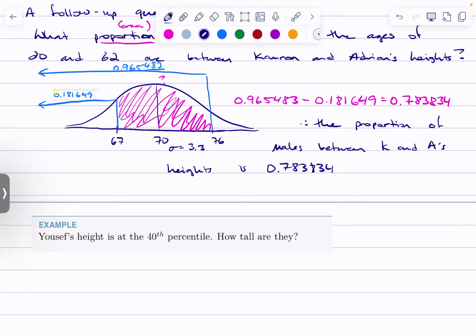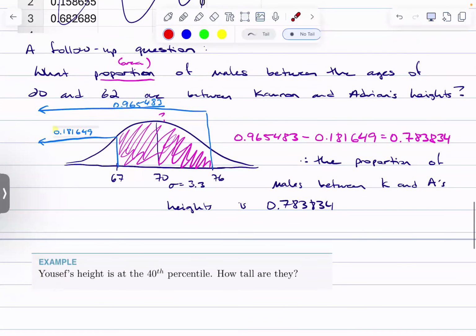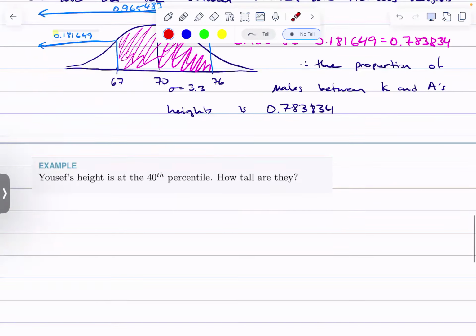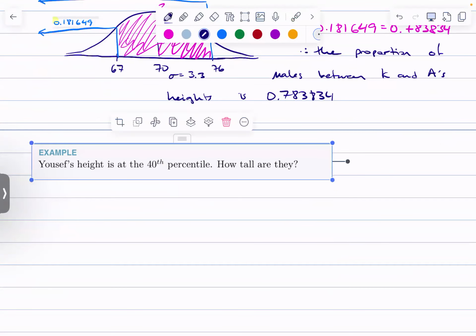Which means that roughly 78% of males are between those two heights. Okay. We need to be really comfortable with finding areas under the curve, right? Because those are going to be our p-values. Let me add that here.